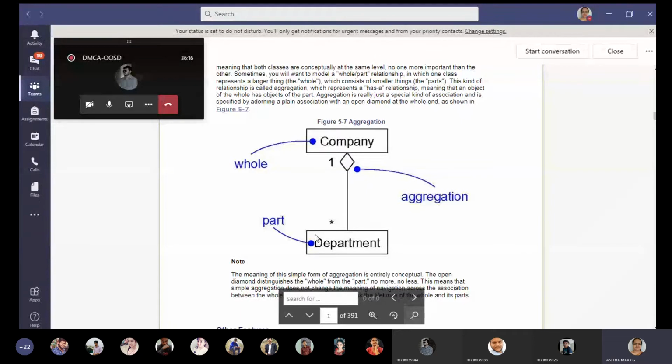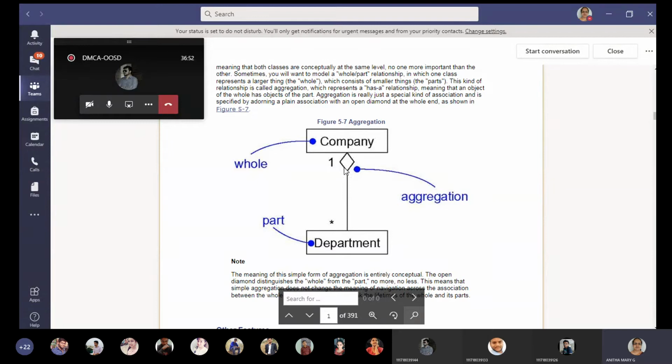So a department is part of the whole. If we relate the same example, in place of company, to a college and a department, say the MCA department, the MCA department belongs to this college. Likewise, there are many departments which are subparts of this college. Without these departments, this college doesn't exist.